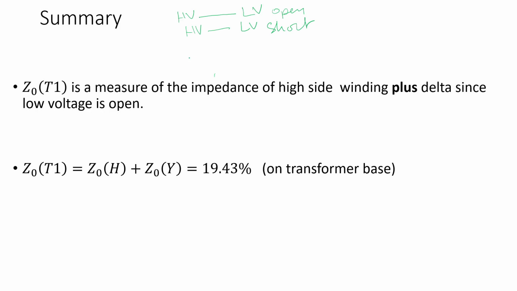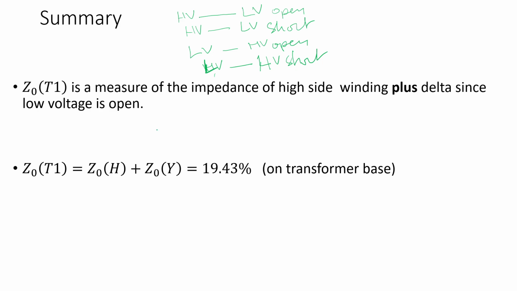Then you alternate low voltage with the high voltage open, sorry, low voltage with the high voltage shorted. So you apply voltage to one winding with the other winding open, then you apply voltage to the winding with the other winding shorted, and you alternate.